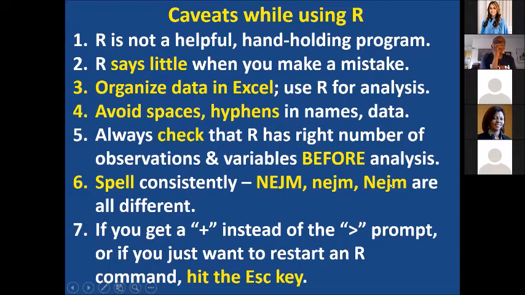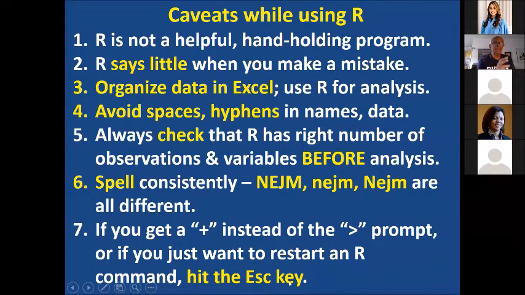At any time you type a command into R and you get a plus sign, what that means is something went wrong, because R thinks you didn't finish typing and it's waiting for more. So you need to get out of whatever you are typing, and the way to do that is to hit the escape key. When you hit the escape key, at any point, R will go back to its prompt.